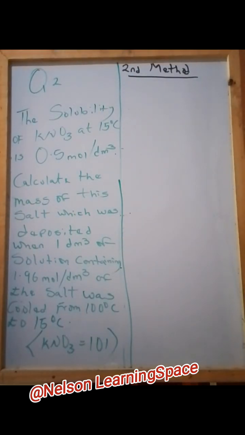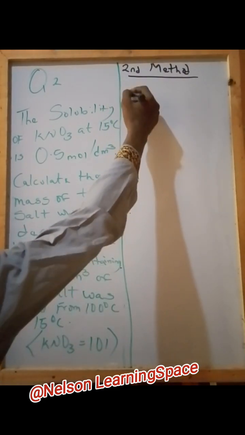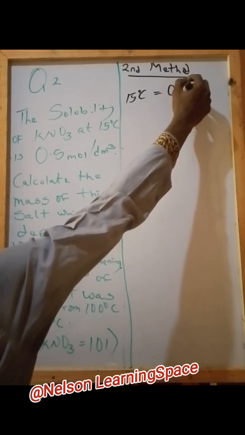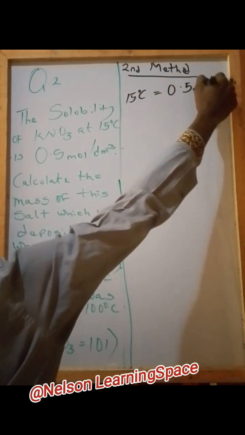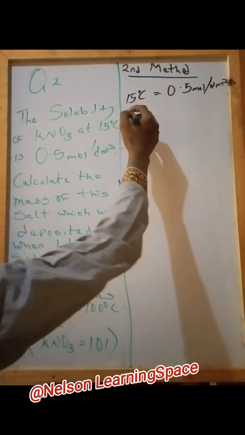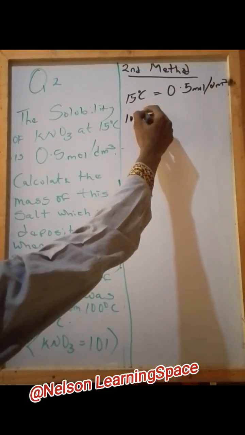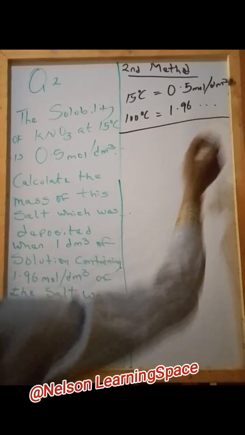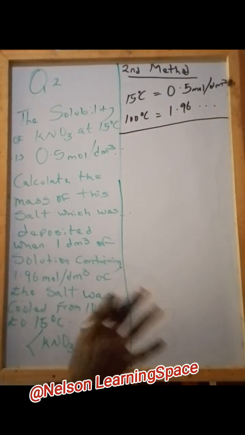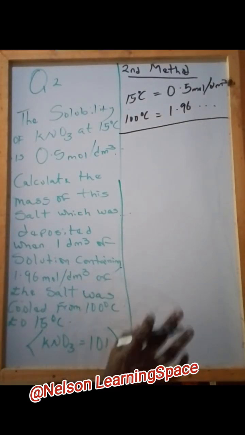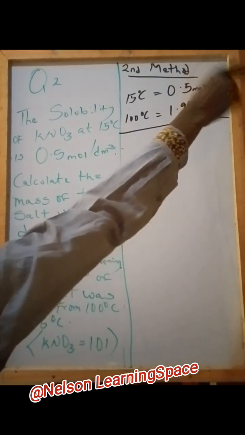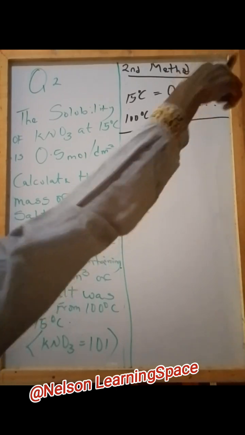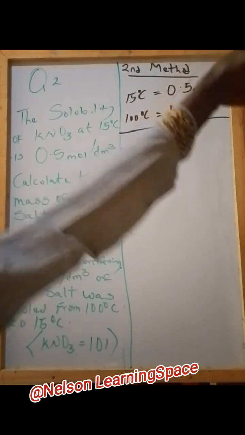So we still follow the same routine. At 15 degrees Celsius, the solubility is 0.5 mole per dm cube. At 100 degrees Celsius, it is 1.96, same thing. If you are involving moles, what you need to understand is this: 0.5 mole per dm cube also means 0.5 mole for 1 dm cube, and 1.96 mole per dm cube means 1.96 mole for 1 dm cube.